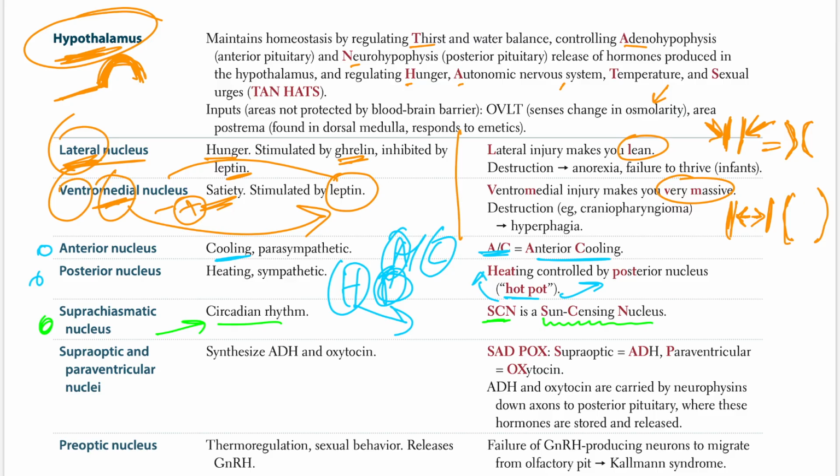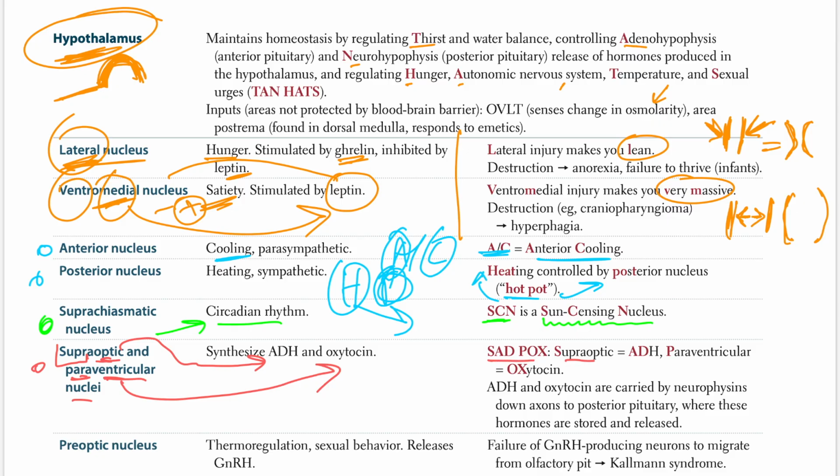The next one is about your supraoptic and paraventricular nuclei. Supraoptic is specific for ADH and paraventricular is specific for oxytocin. So the mnemonic here is SADPOX.